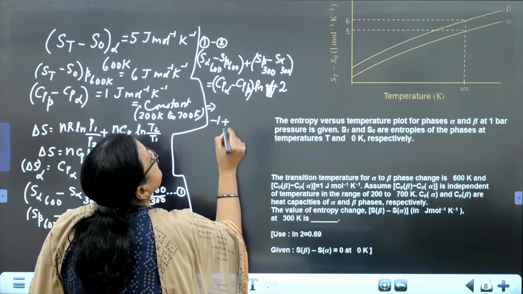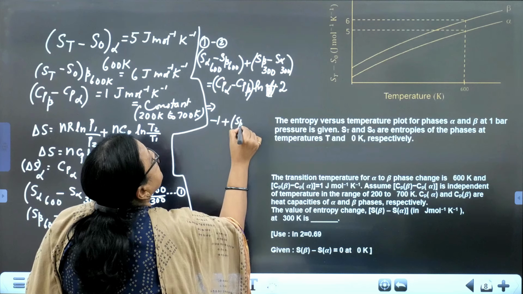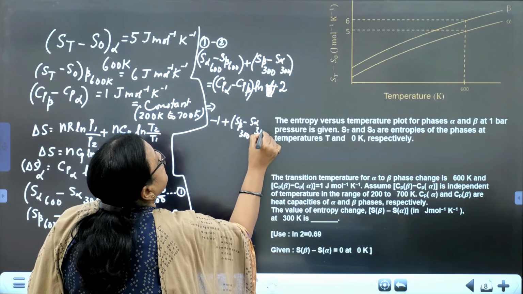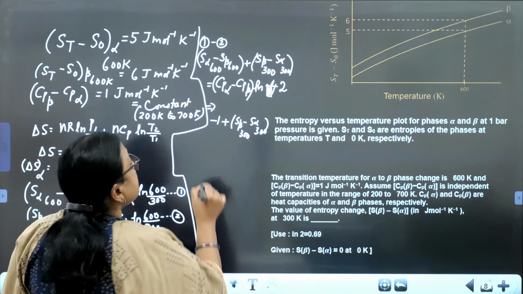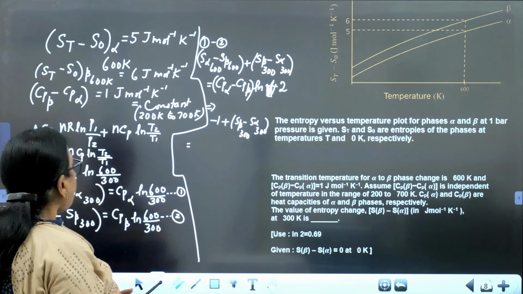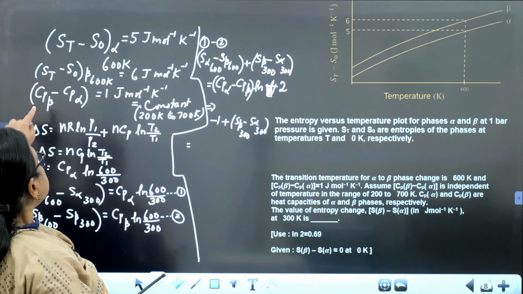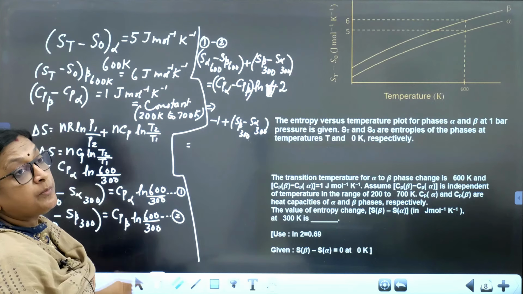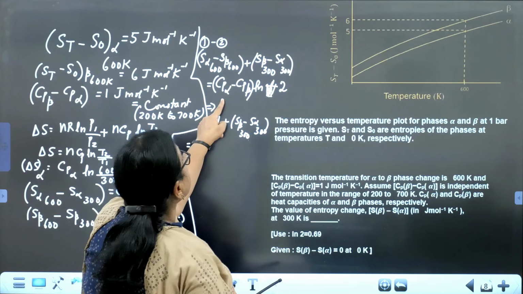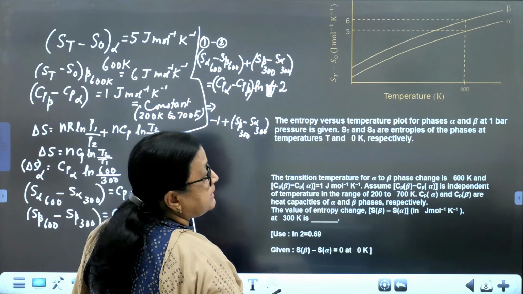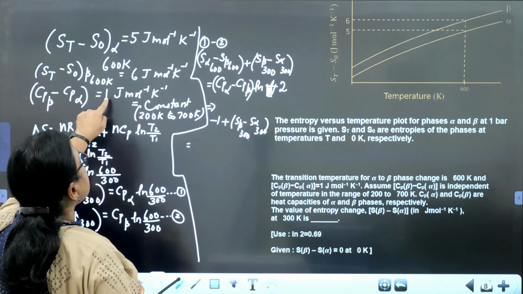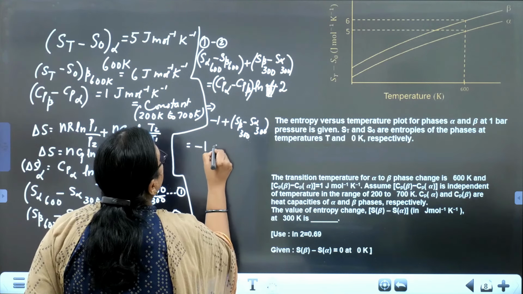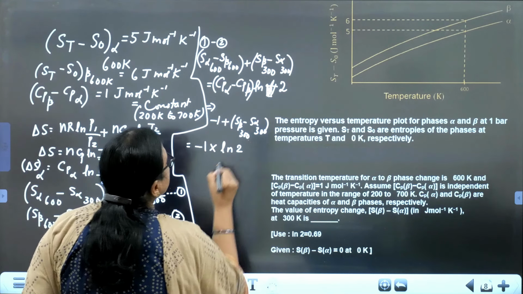plus S beta 300 minus S alpha 300 is equal to, now you are provided with the data, Cp beta minus Cp alpha is 1 joule per mole per Kelvin. Here you have Cp alpha minus Cp beta. Beta minus alpha is 1. What you have written here is alpha. So that becomes minus 1 into ln2.